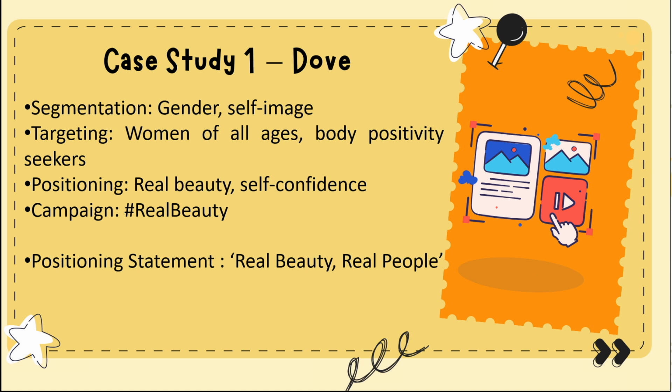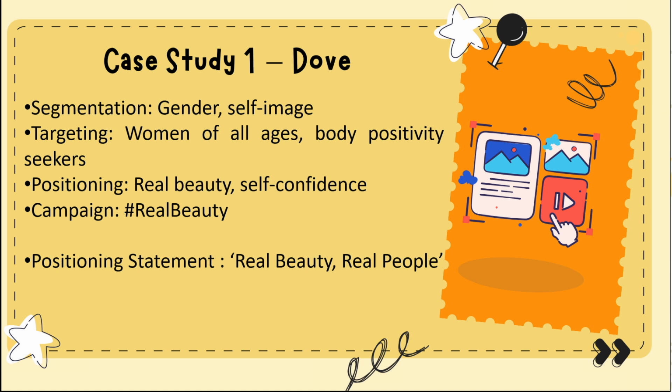The first case, Dove. In segmentation, they targeted one specific gender, with a focus on self image. They targeted women of all ages, body positivity seekers, who want to take care of their body requirements.